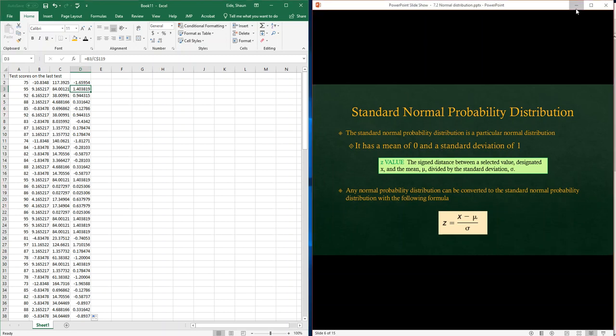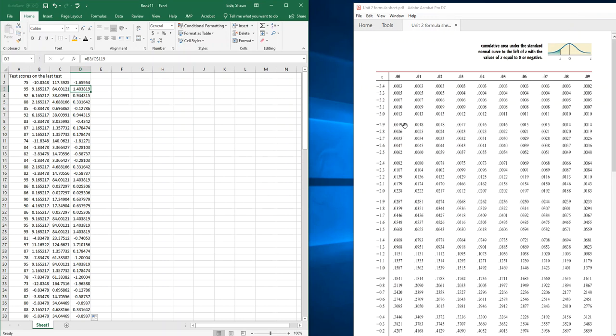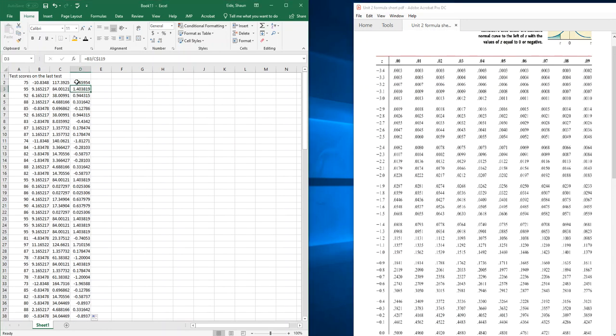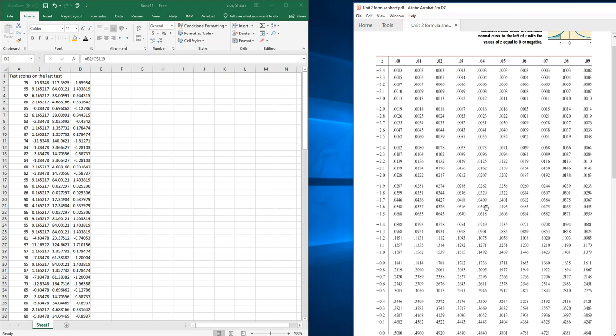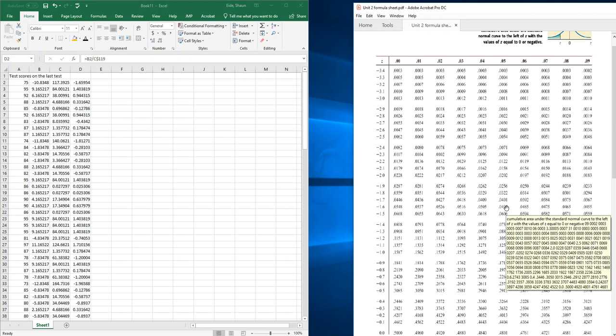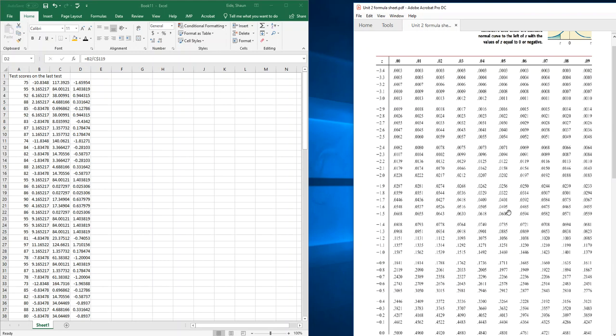That is a very good question, and that is why I gave you all a wonderful table of the cumulative area under the standard normal curve to the left of z, for z equals 0 or negative, which we can use in several different ways, but basically you look at this negative 1.65, so you have negative 1.6, and then you go over to 5, and essentially there is 0.0495 as the percentage of individuals, or the probability of an individual being lower than this score.